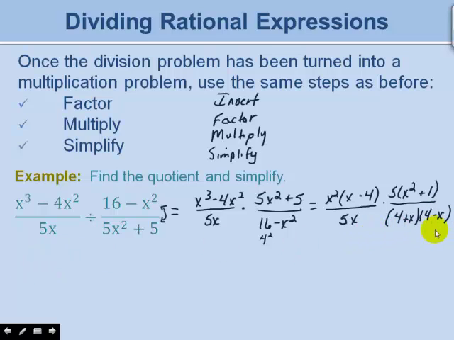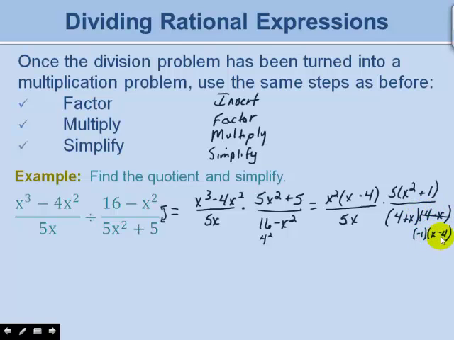In the last section, we talked about looking at opposites of expressions. In this one, we have an x minus 4. Down here, we have a 4 minus x, and those are going to be opposites. So let's rewrite this one as negative 1 times x minus 4. That's going to help us when we get to our simplification step.